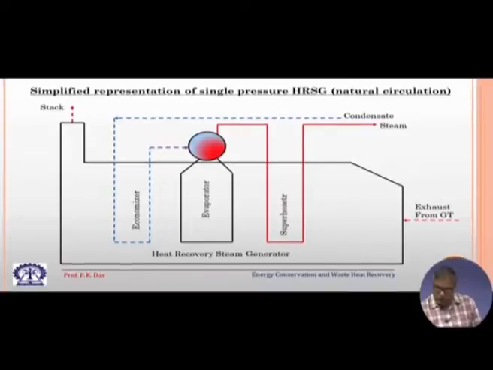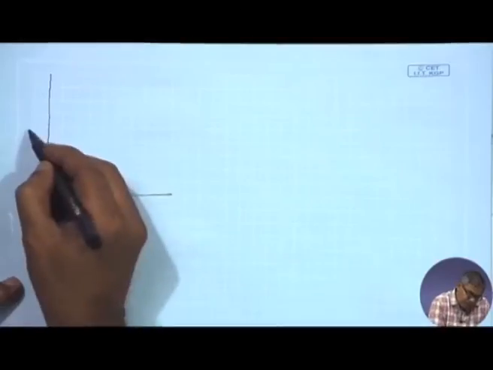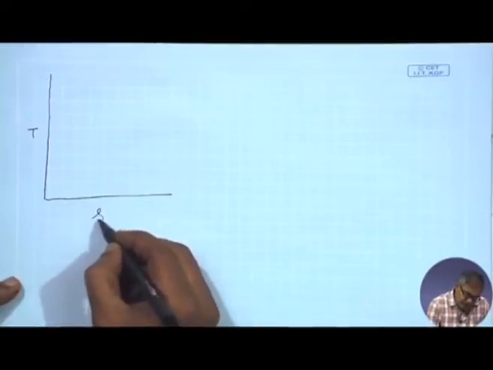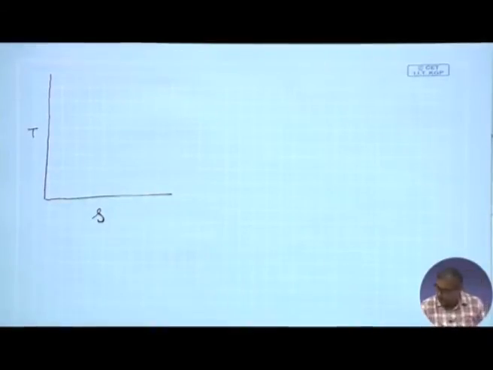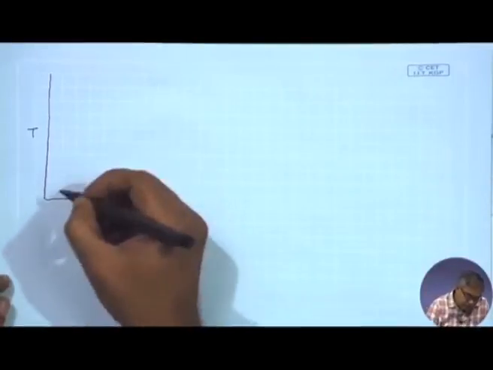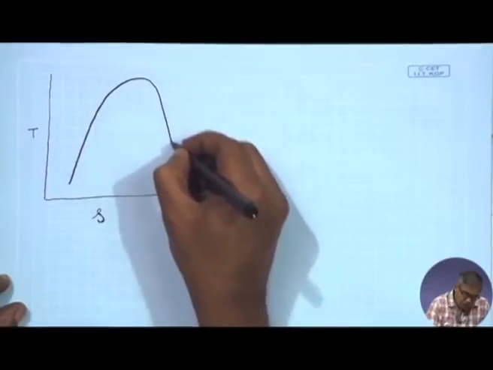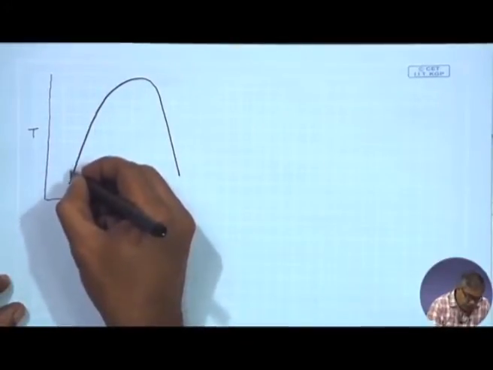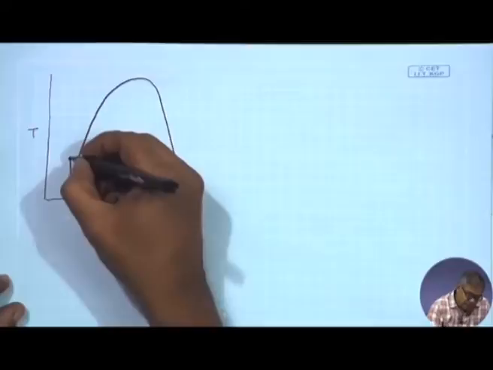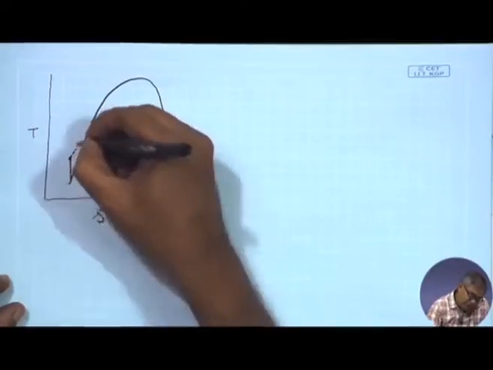If you recall, you see this is the TS diagram of a steam power plant, and this is the two phase dome. This is where the water comes from the feed pump.